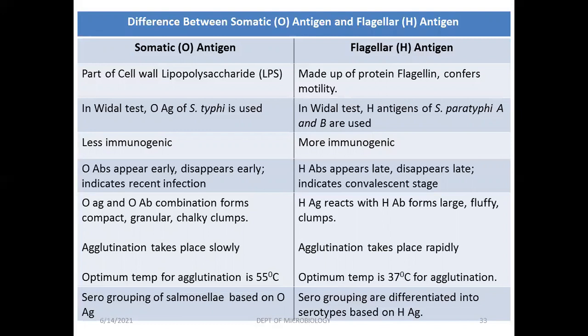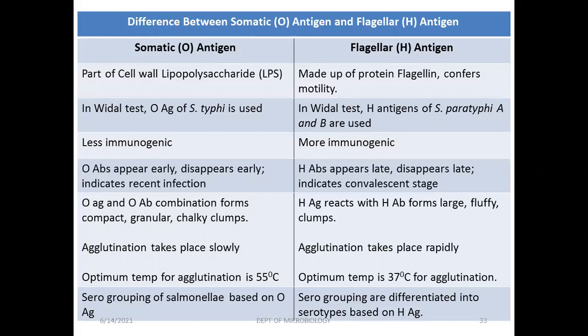O antigen is less immunogenic; H antigen is more immunogenic. Antibody against O antigen appears early and disappears early, indicating recent infection. Antibody against H antigen appears late and disappears late, indicating a convalescent state. O antigen and O antibody combine to form compact, granular, chalky clump-like agglutination, which takes place very slowly, and the required temperature is 55 degrees Celsius.